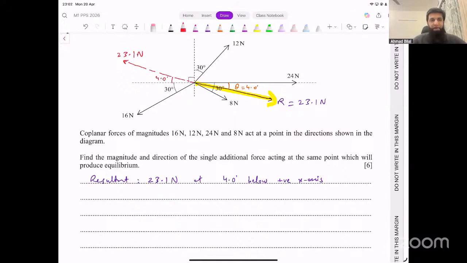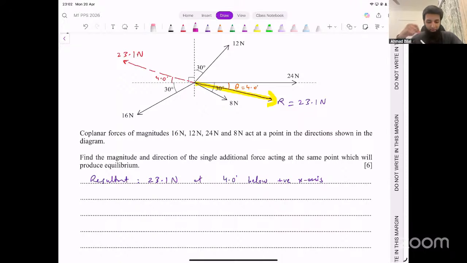This force, if we add it to the set of forces, is going to produce equilibrium. Is that okay? So you find the resultant. To get equilibrium, you just need an equal force in the opposite direction to that, so that the resultant is balanced and the object will be in equilibrium.